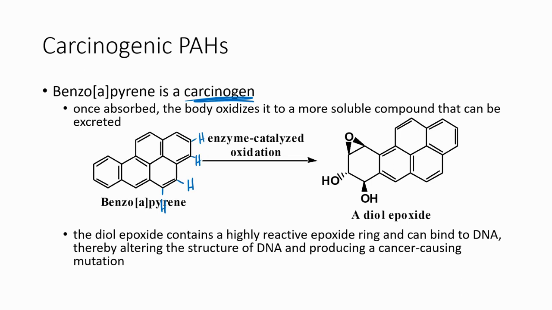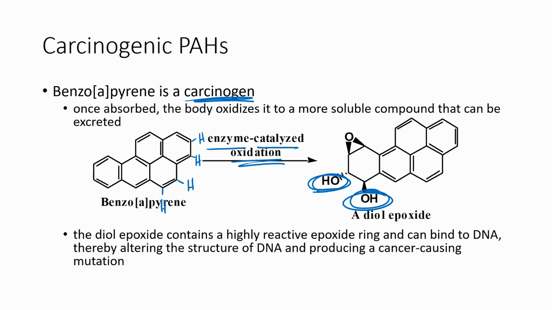In order for them to become water soluble, a reaction has to form something like OHs that are water soluble. So there's an enzyme that can catalyze oxidation to add oxygens to the ring so that diols form that are going to be water soluble and allow the product to be excreted.